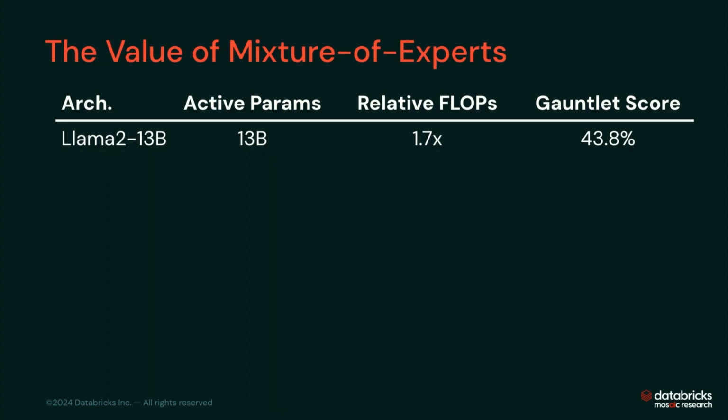So, let's look into the benefits of mixture of experts models. This is similar to some of the slides Jonathan showed. If we look at a very classic popular model from last year, Llama 2 13B, and we look at both its eval gauntlet score and the amount of flops spent on it, we can train a DBRX model.